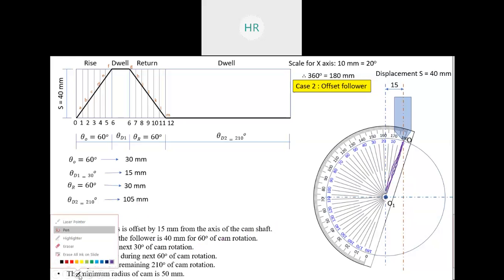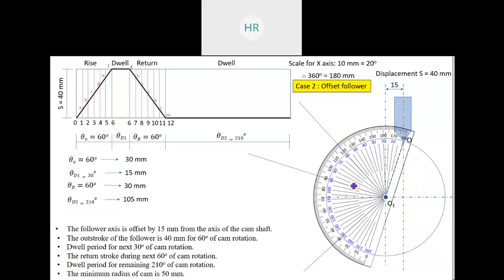And the remaining steps are similar. Draw a line at theta 0, then theta d and theta r.